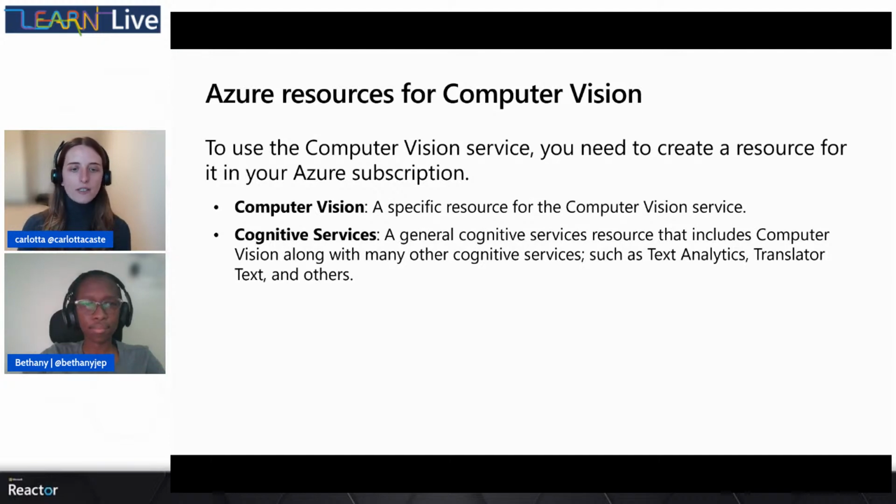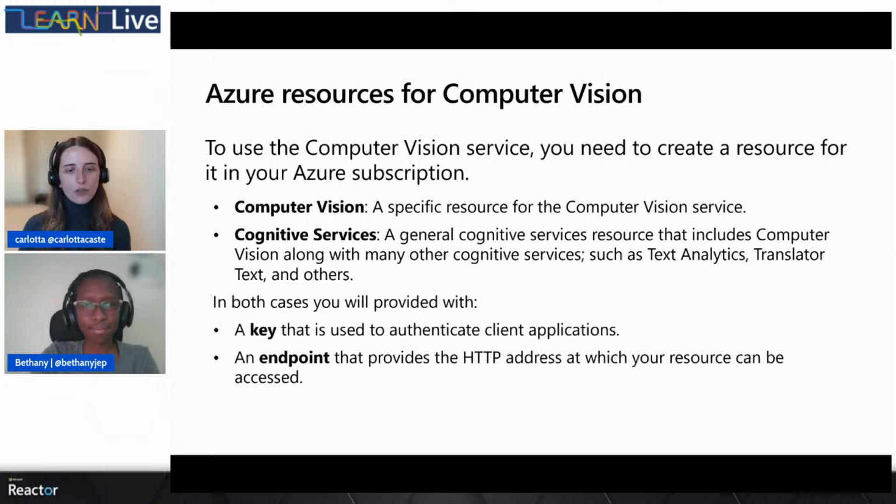While cognitive services is a general type of resource for different types of cognitive services, that includes computer vision along with many others such as text analytics, translator text, language and speech services, and others. So we suggest you use this type of resource if you plan to use multiple cognitive services in your project and you want to simplify administration and development.